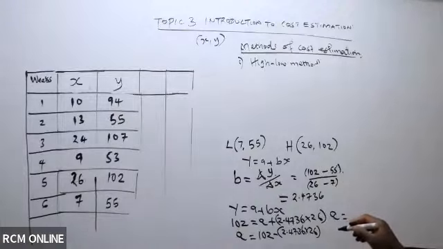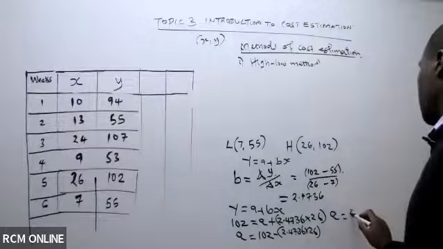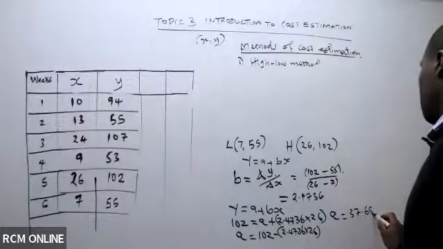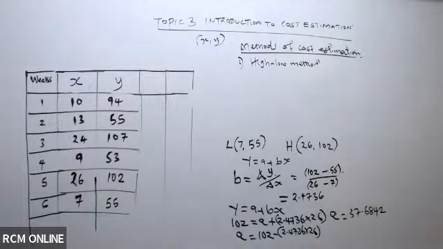37.6842. We have 6842, but I'm getting 6838. Okay, that will not change anything big, but I want us to have the same thing.